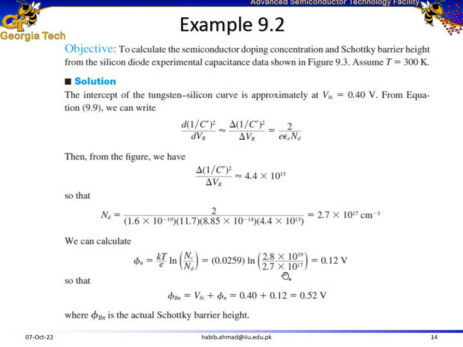ND is our doping concentration, which we experimentally determined from the CV measurements, and from over here you just add up the built-in potential and this potential phi n, the difference between EC and EF, and you calculate the Schottky barrier height. This comes out to be 0.52. And the Schottky barrier height is also the difference between electron affinity and the metal work function. So that is another way to calculate Schottky barrier height.